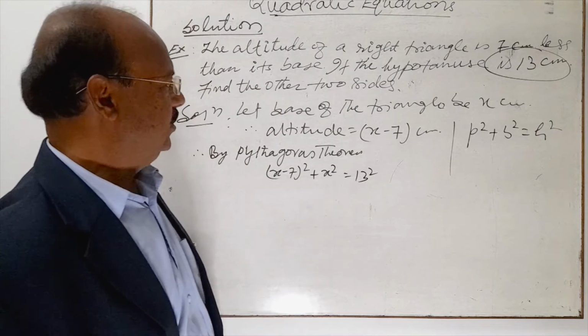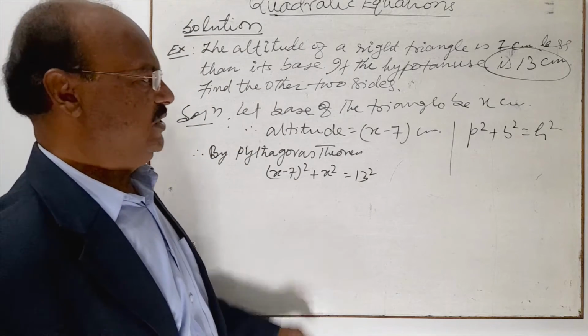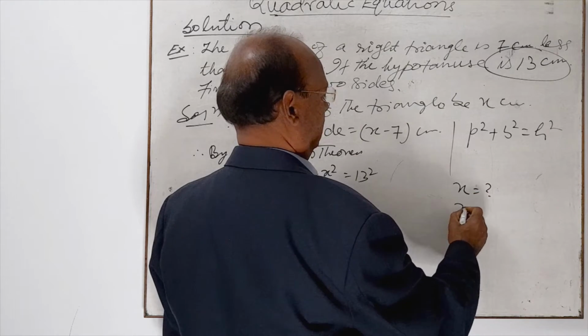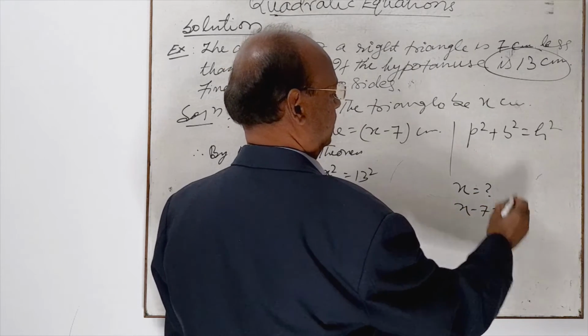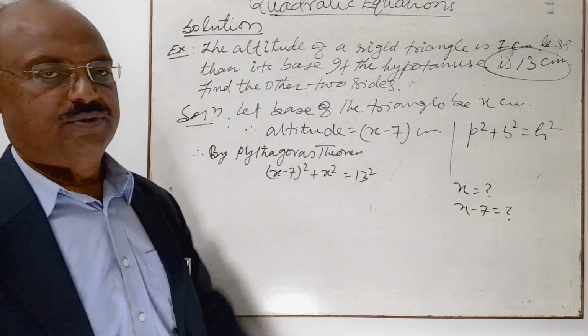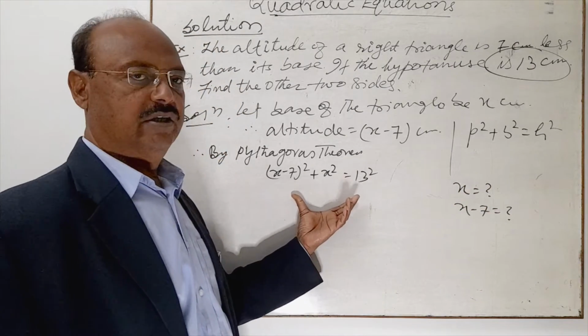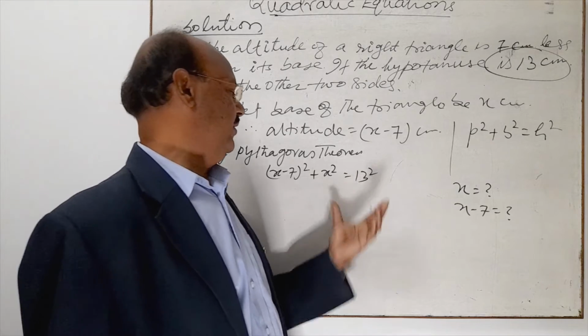We have to find the two sides, meaning x and x minus 7. We will get that very easily by solving this quadratic equation. So let us try to solve it.